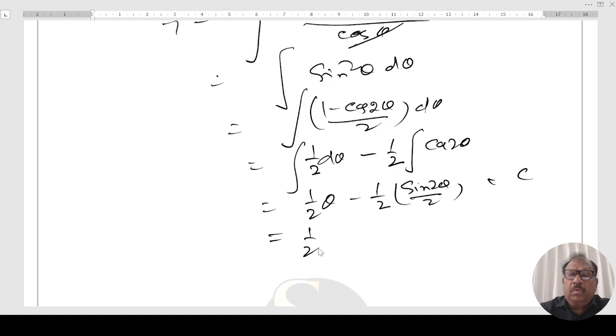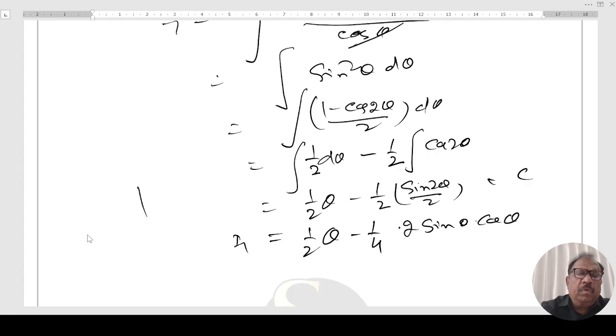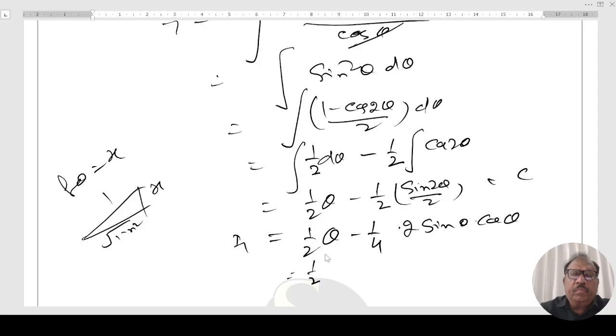That is equal to 1 by 2 theta minus 1 by 4 into 2 sin theta into cos theta. This is I1. We have put sin theta equal to x, so cos theta is under root 1 minus x square. So 1 by 2 theta is sine inverse x, minus 1 by 2 sin theta, x under root 1 minus x square plus c. This is I1.